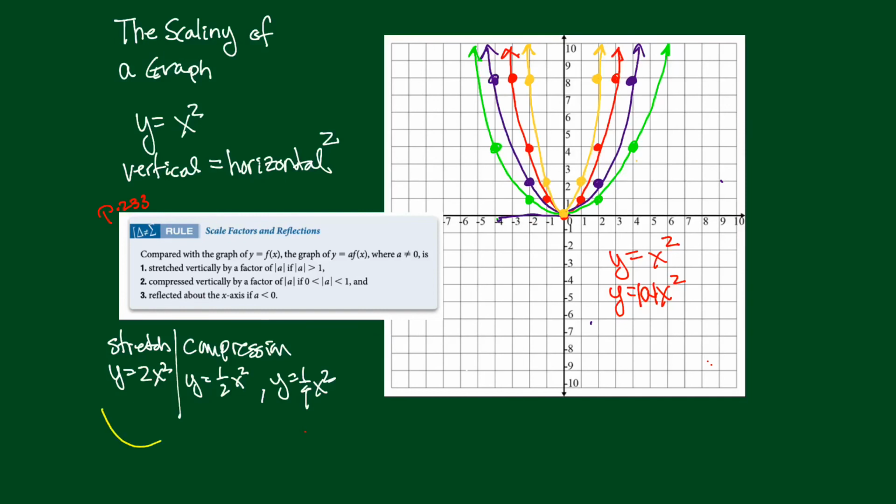So your basic curve is going to be stretched upward like this one. You take this one and stretch it upward. And now if your multiplier is a positive number between 0 and 1, like 1/2 or 1/4, 1/3, 5/6, something like that, then you get a compression.